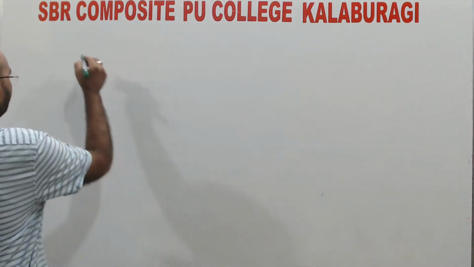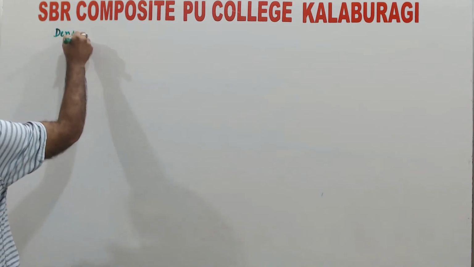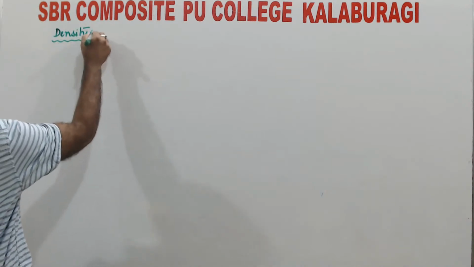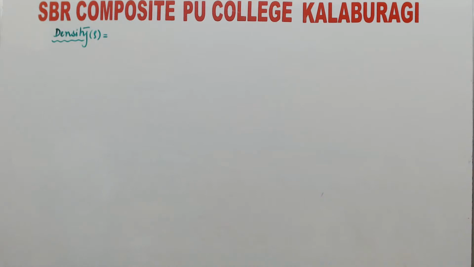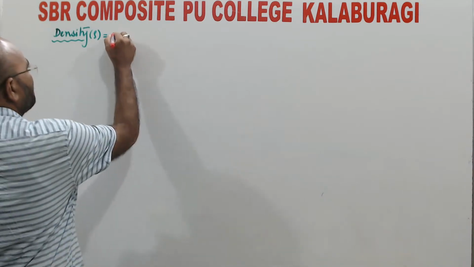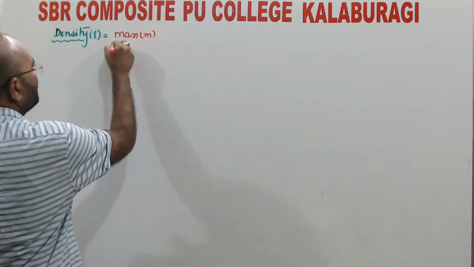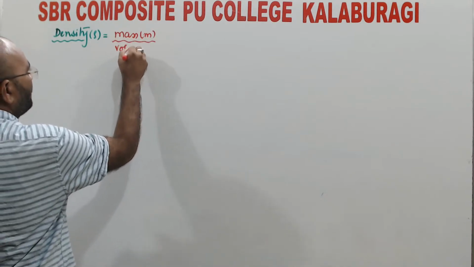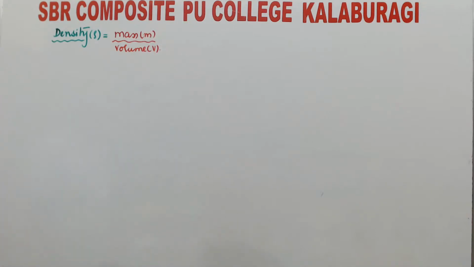We know that density of any body or any material is given as mass per unit volume, mass divided by volume. So this is what we call density.